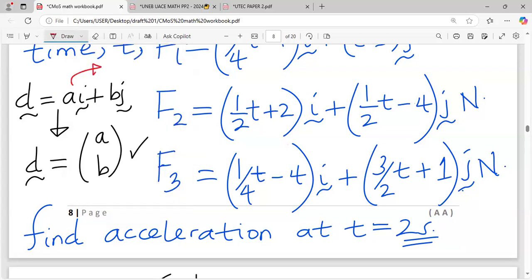This is the position vector, this is the column vector of D. Are people conversant that ai plus bj can be written as a column vector? Because it is what we are going to apply here. So if you're hearing it for the first time, learn it by heart.